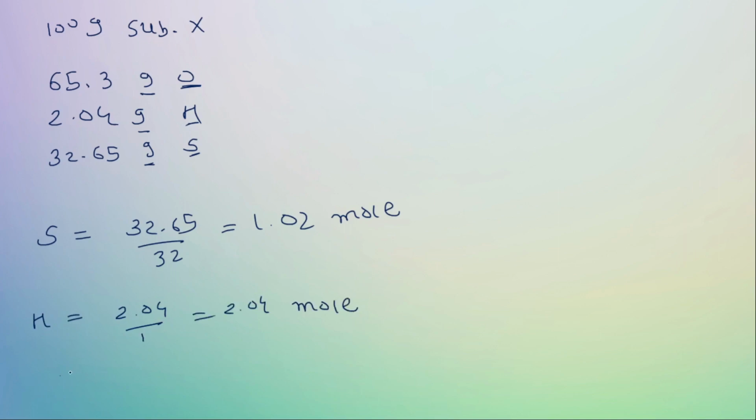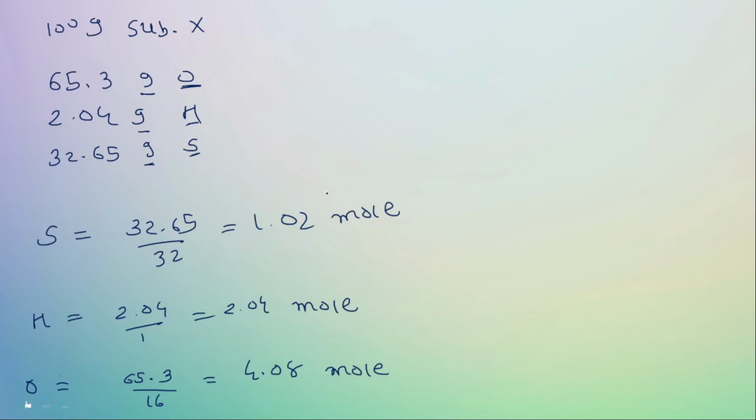For sulfur, 32.65 divided by 32, we will get 1.02 mole, and for hydrogen 2.04 divided by 1, 2.04 mole. For oxygen, 65.3 divided by 16 is equal to 4.08 mole.